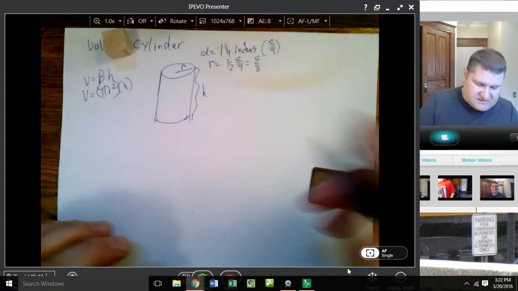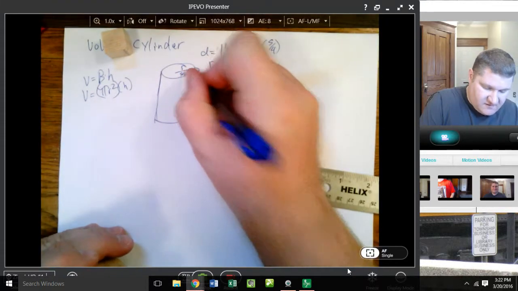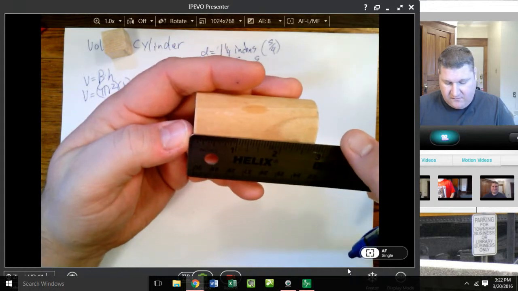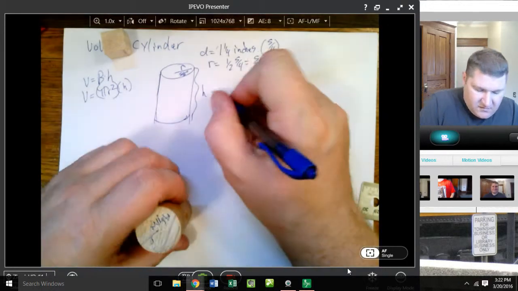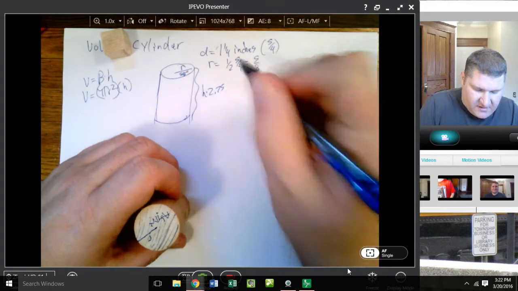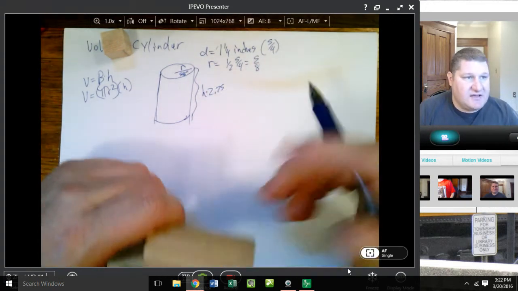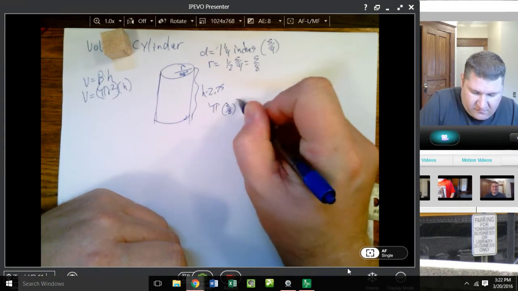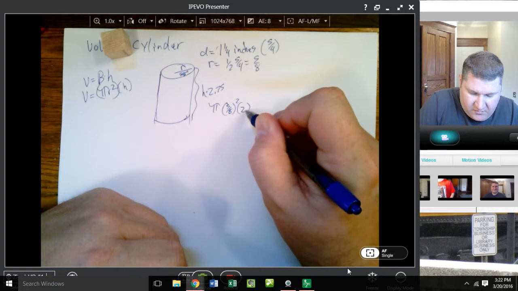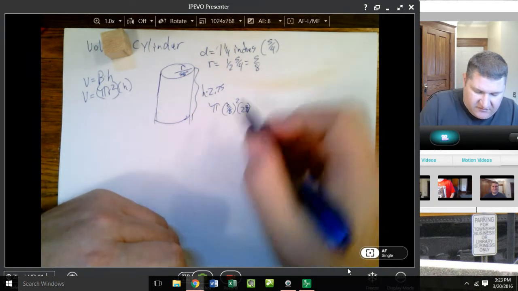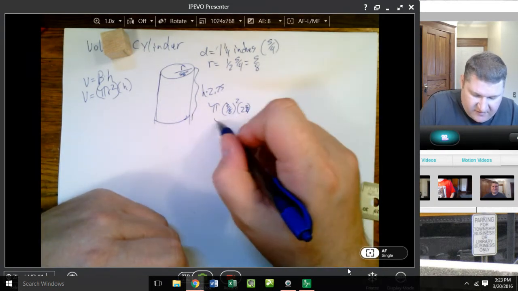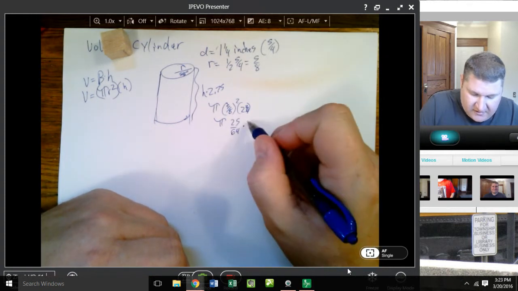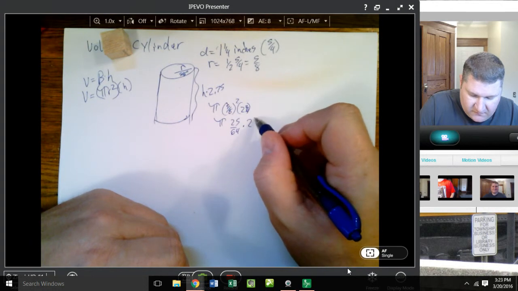So we have 5/8 of an inch times the height, and that height in this case is 2 3/4, or 2.75. So what I can do is say pi times 5/8 squared times 2 3/4. That'd be pi times 25/64 times 2 3/4.